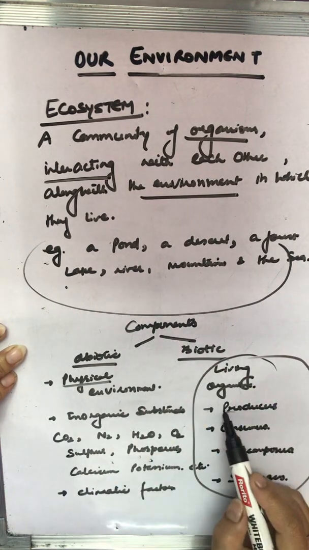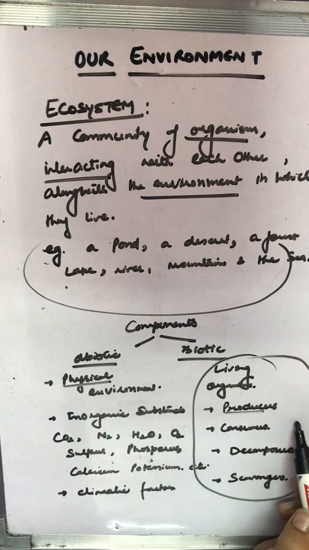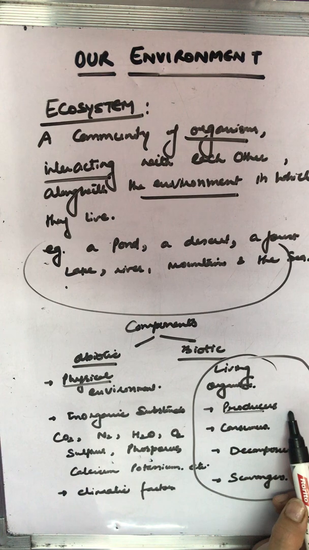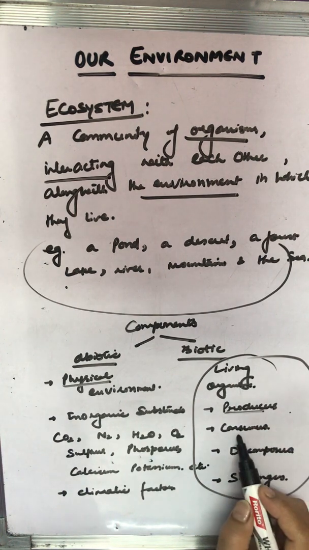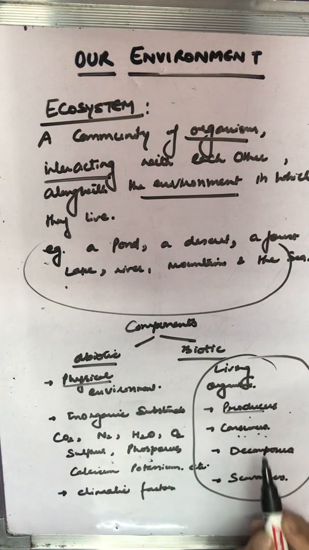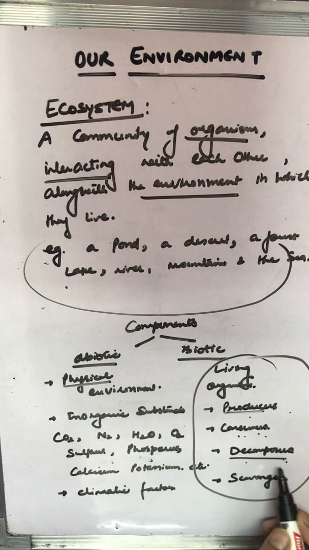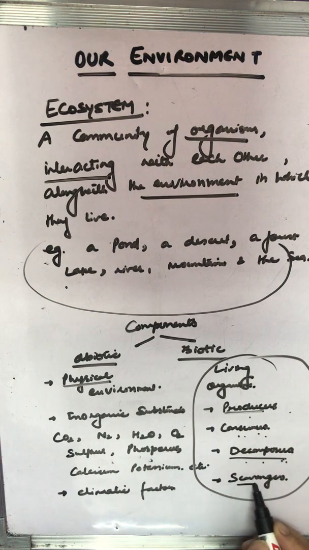Depending upon whether they are green plants which synthesize their own food, we call them producers or autotrophs. They can be consumers or heterotrophs, which depend on others for food. Decomposers, bacteria and fungi, consume the dead remains of other organisms, and scavengers are the cleansing agents of the environment.